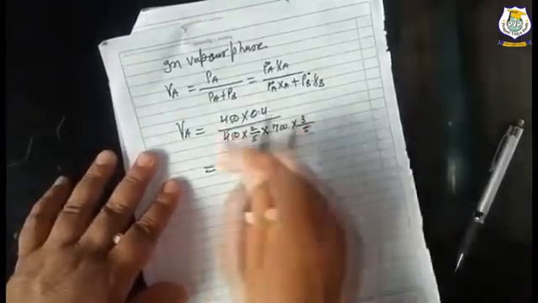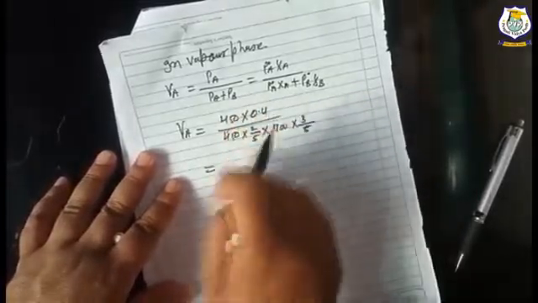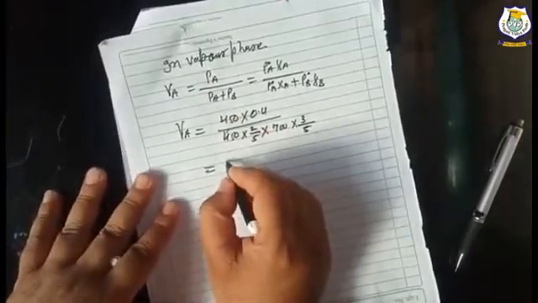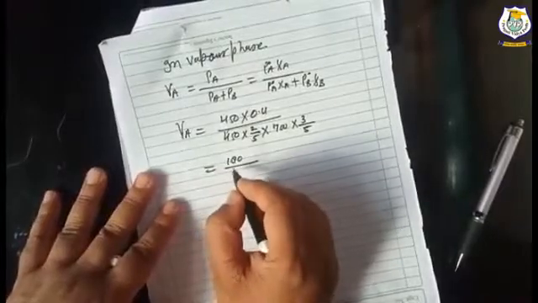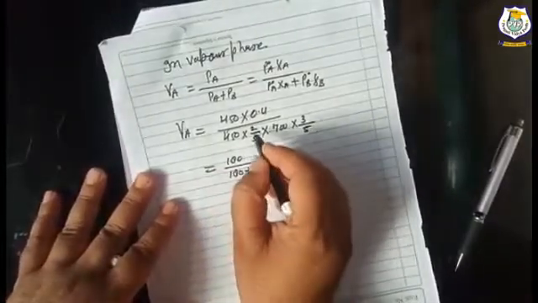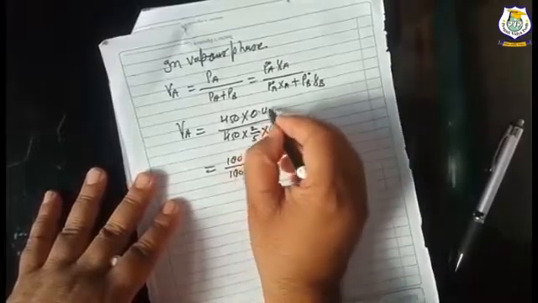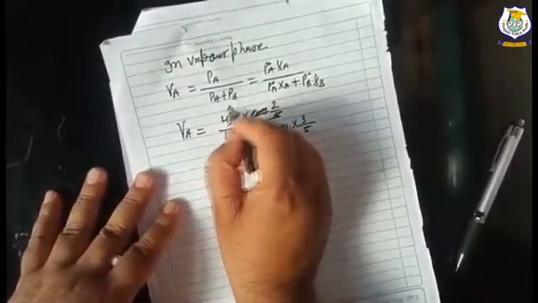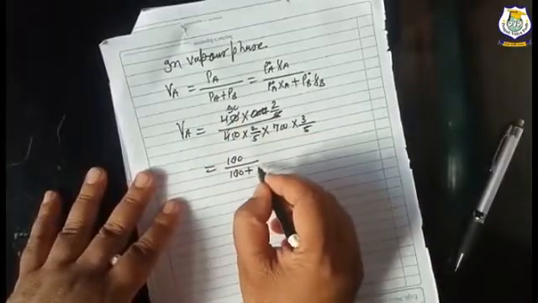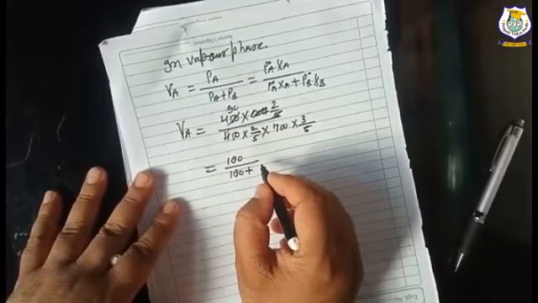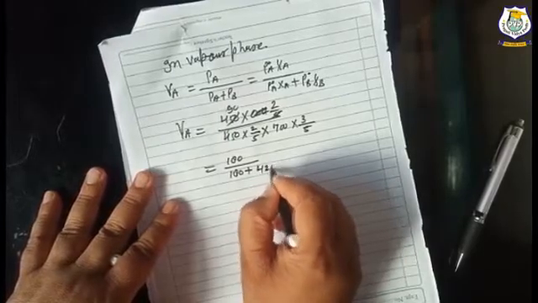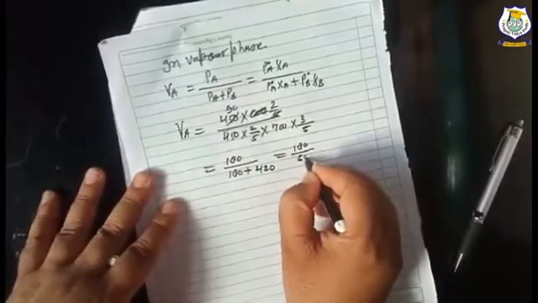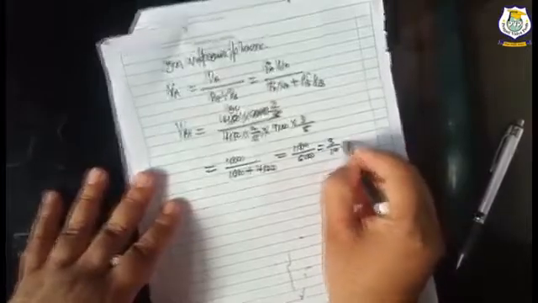After solving, it comes out as 180 upon 180 plus 420. So the result is 180 upon 600, equal to 3 upon 10, equal to 0.3.